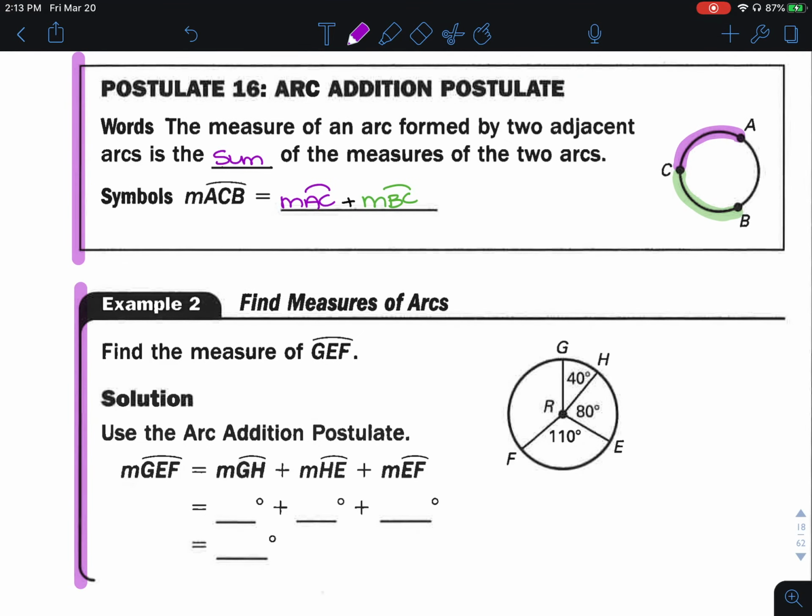Let's talk about example 2. I want to find the measure of arc GEF. Well, by the arc addition postulate, I can add 3 different arcs together to get GEF. So let's do the measure of GH. That's that one.